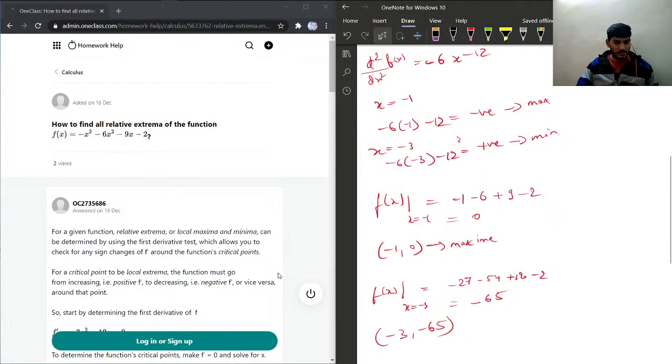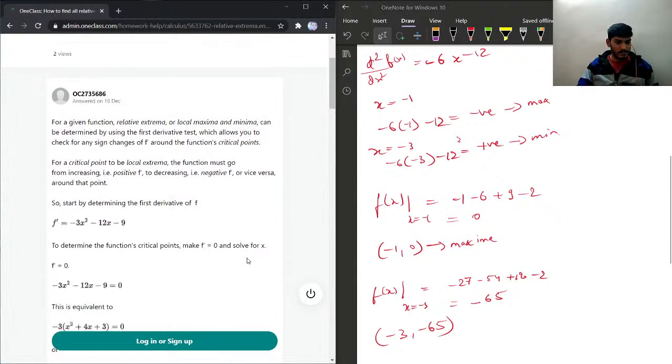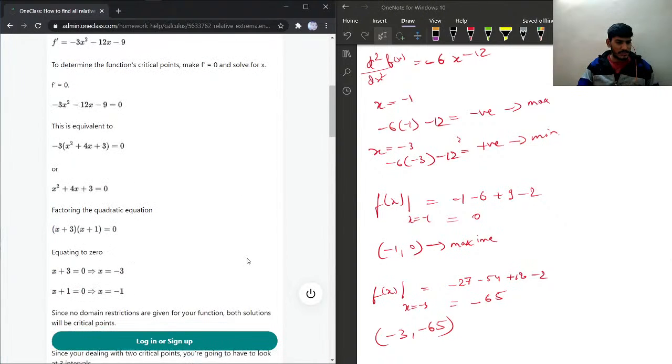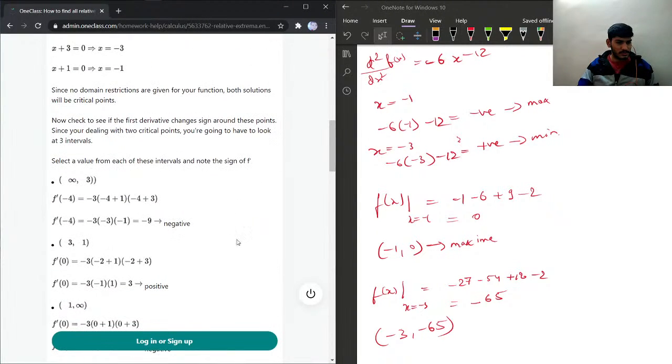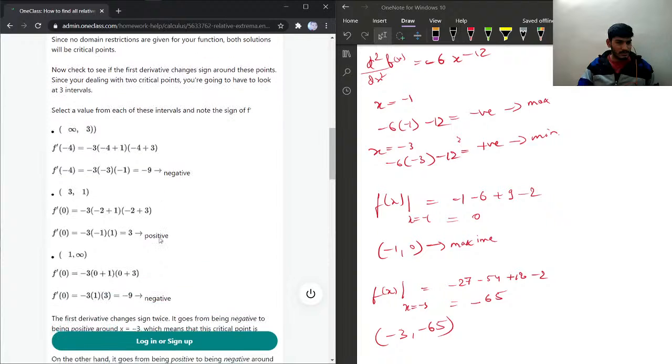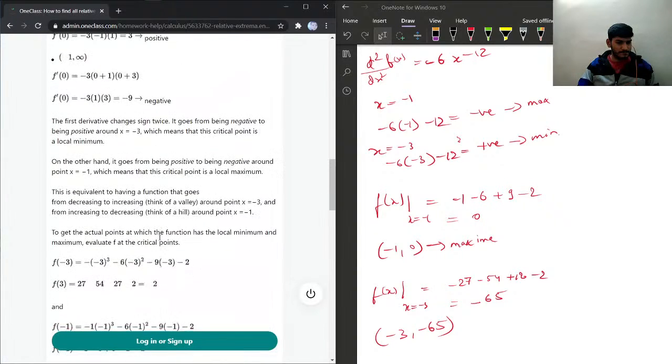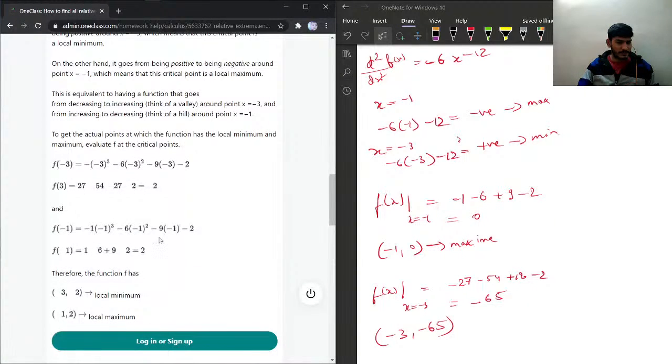I'll cross check with the solution given by the Junior Tutor because I'm not sure that these were the right coordinates. F of minus 3.